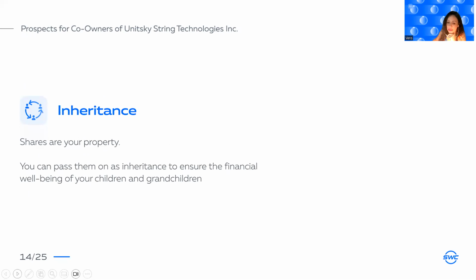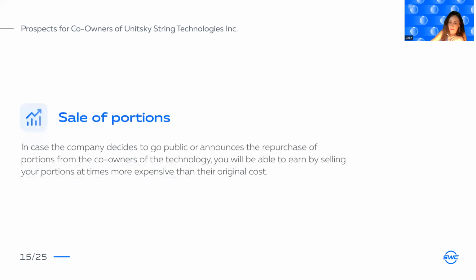Inheritance. Shares are your property. Remember, you can pass them on as inheritance to ensure the financial well-being of your children and grandchildren. And finally, you can sell your portions.